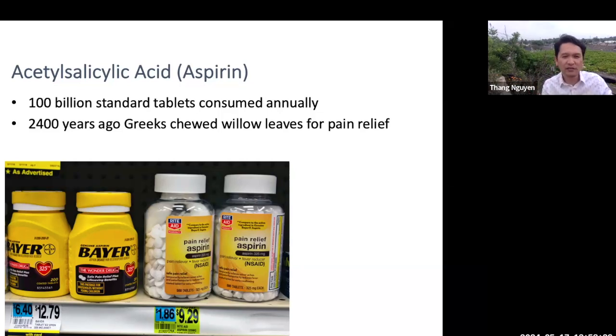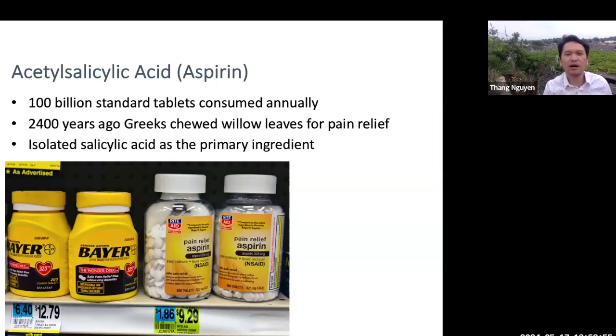People just found things in nature, some kind of herb, some kind of animal, some kind of mineral that would heal whatever ailment they may have, but they may not even know what it is. As long as they take that herb or that mineral, they just feel better. So the Greeks have been shown to chew on willow leaves, and that relieves the pain.